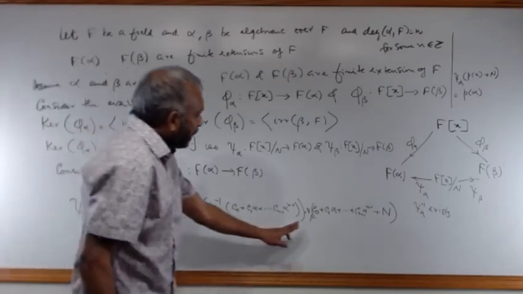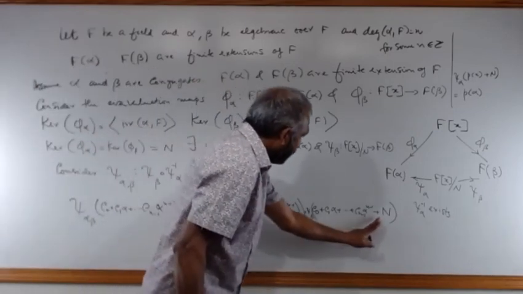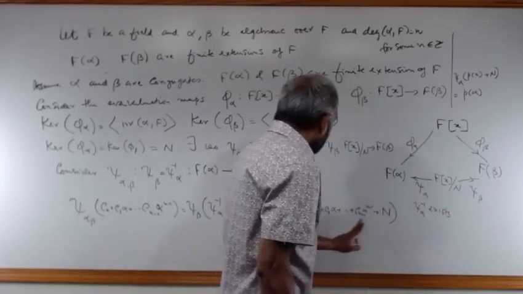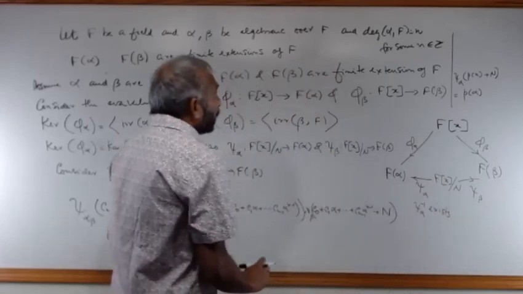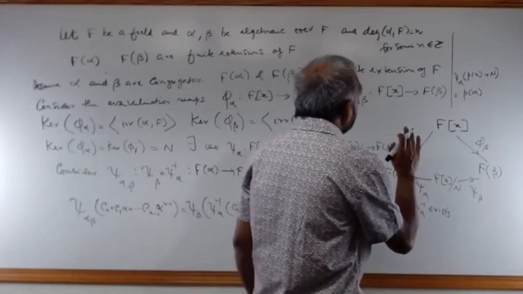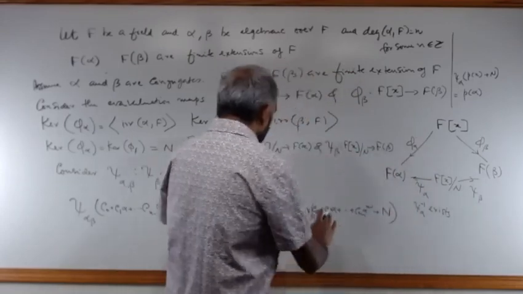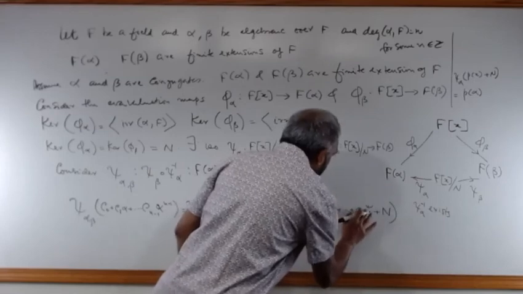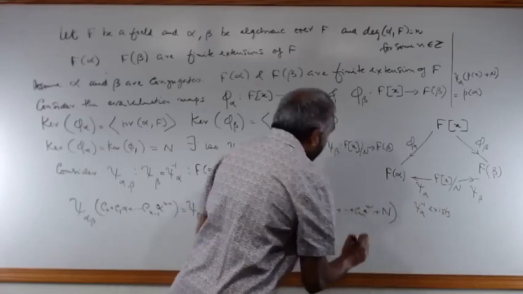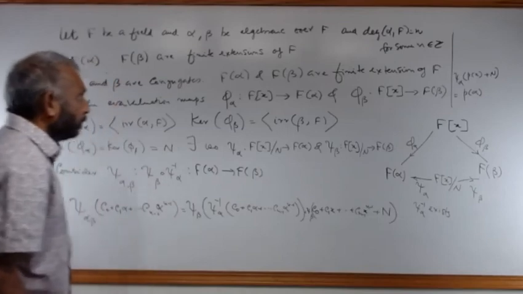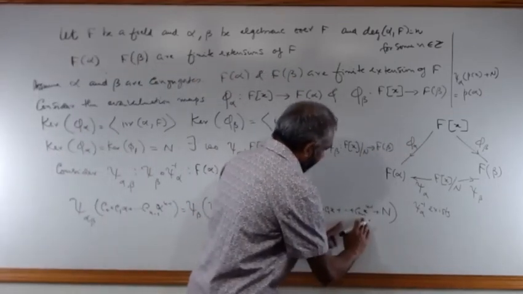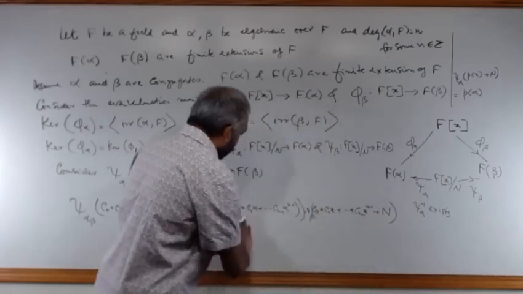And psi of beta takes a polynomial in x plus n. This is actually coming from here, because this is an element from f of x, because this is our p of x and this is n, and this is our p of alpha.